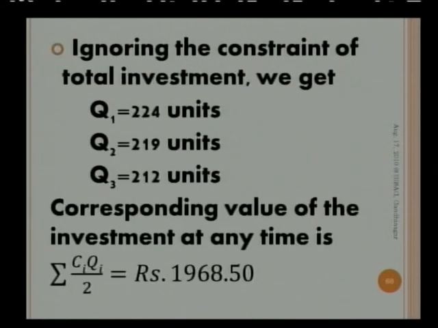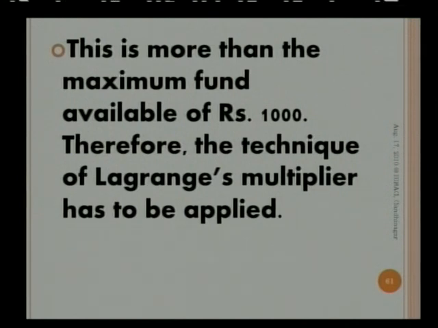Ignoring the constraint, we use our usual EOQ model, and from that we find the values of Q1, Q2 and Q3 for the first, second and third items as 224, 219 and 212 respectively, and that gives a total investment of 1968 rupees 50 paisa at any time, which is more than the maximum fund we have, because we have only 1000 rupees to invest.